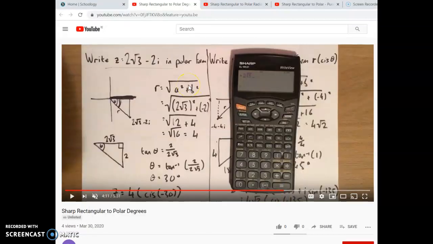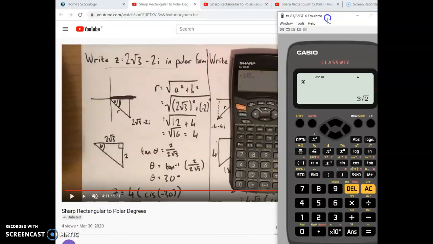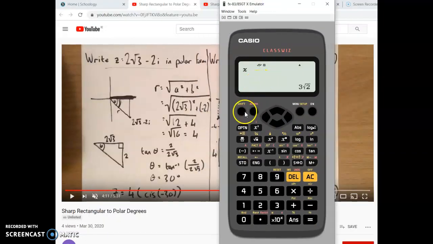Okay, just 2 more examples. First one, 2 root 3 minus 2i. So we're shift and plus for polar, and then 2 root 3, right arrow to get out from under that square root, shift and bracket for the comma, minus 2, close your bracket, and equals.